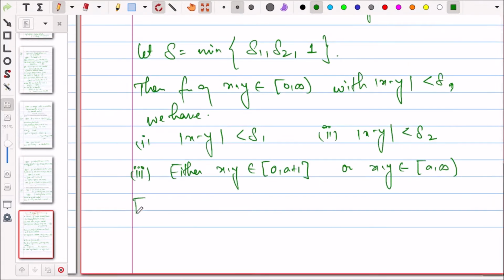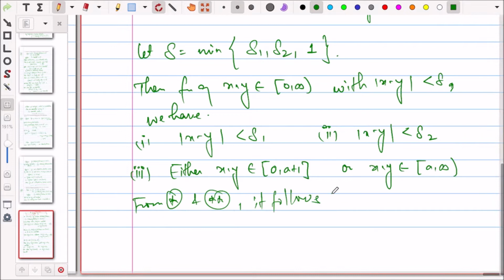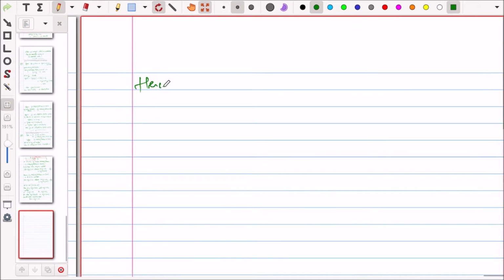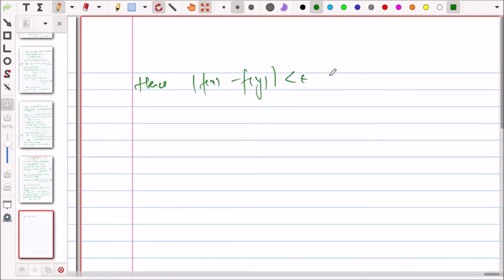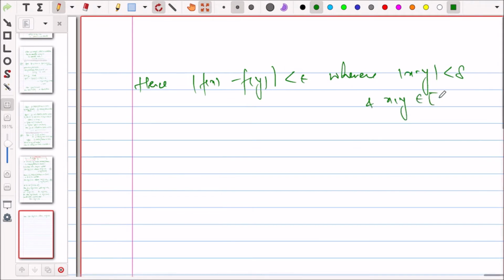So from star and double star, it follows that |fx minus fy| is less than epsilon. Hence |fx minus fy| is less than epsilon whenever |x minus y| is less than delta and x, y belong to 0 to infinity.